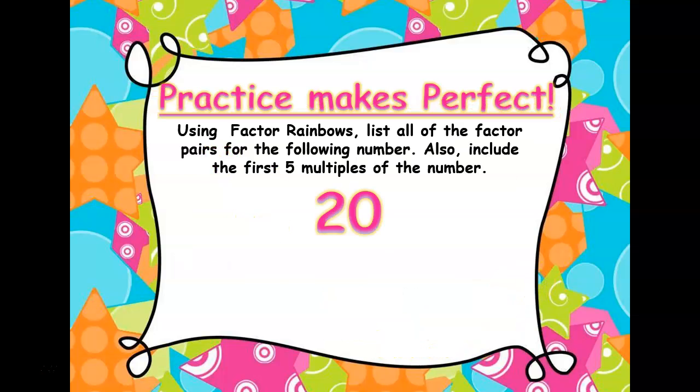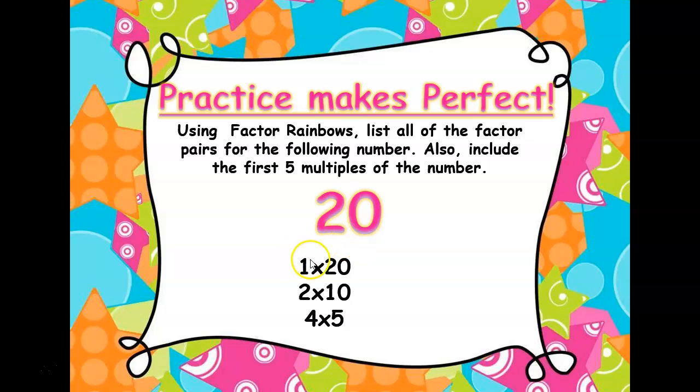Practice makes perfect, right? That goes straight with our growth mindset, right, kiddos? Using factor rainbows, list all of the factor pairs for the following number. Also include the first 5 multiples of the number. Well, let's see what they're thinking here.